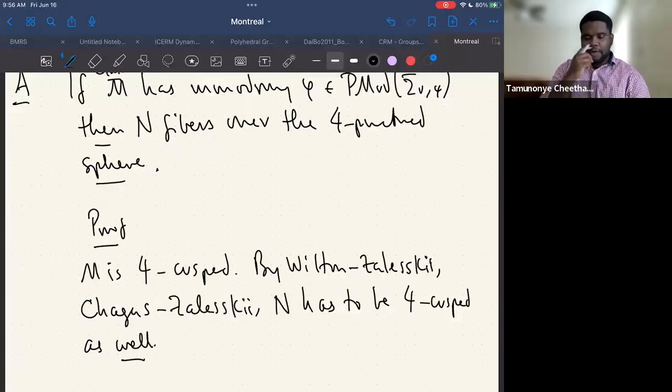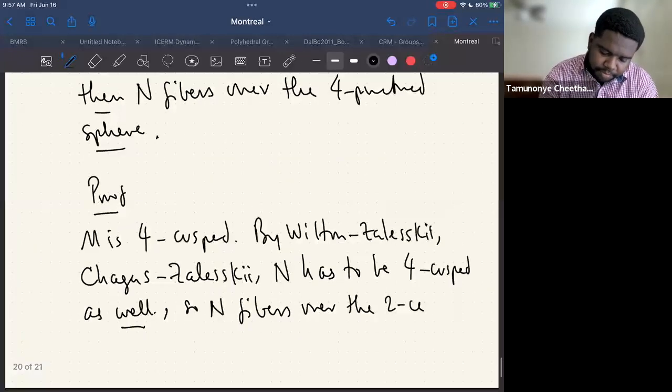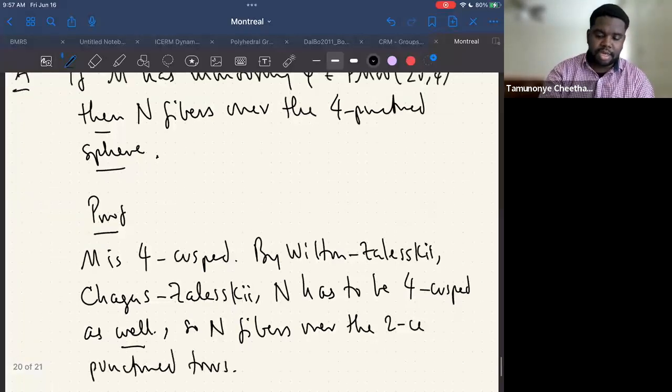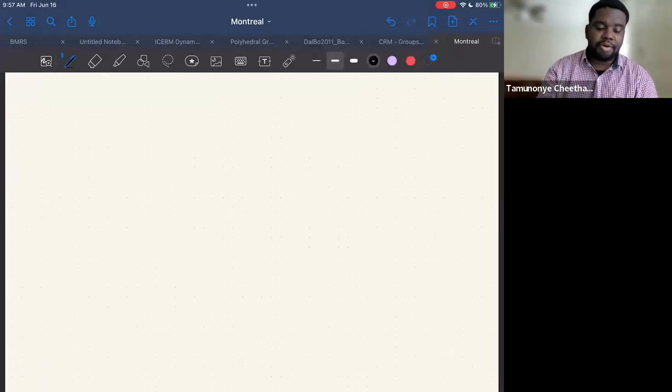And a 4-cusp hyperbolic manifold cannot fiber over a twice punctured torus. So that's the case when M has pure monodromy.